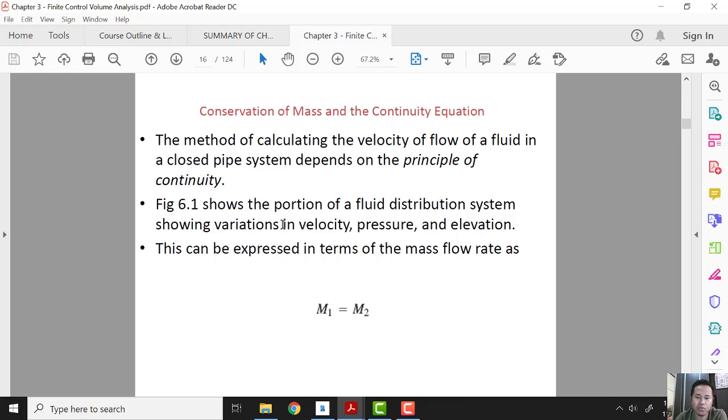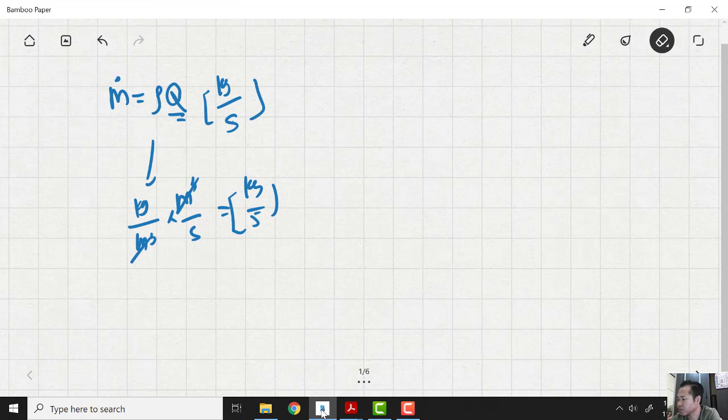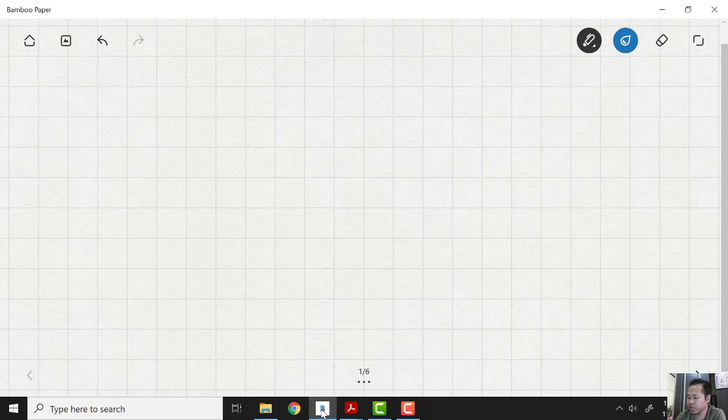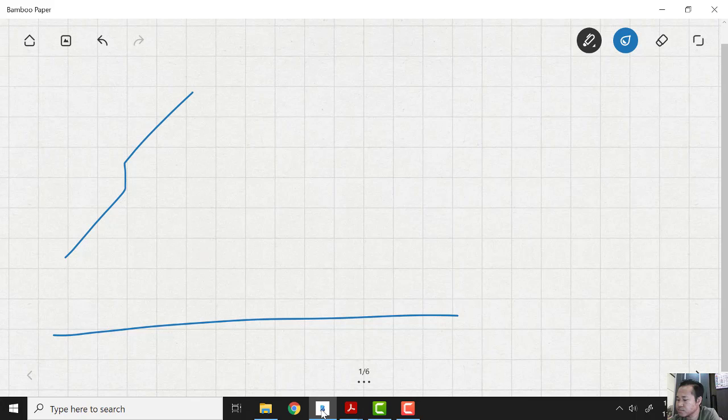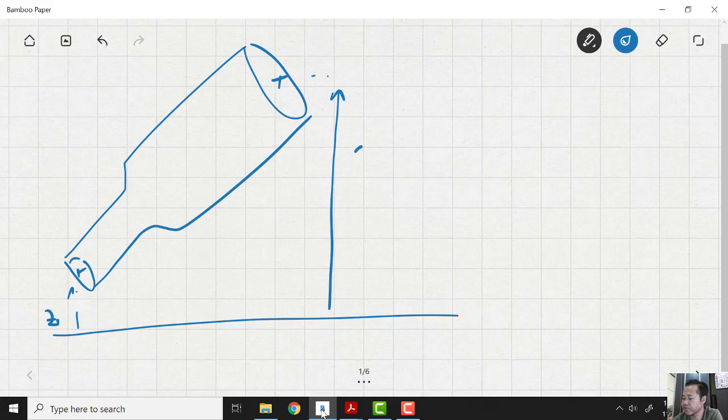So what is figure 6.1? Let's draw it. Here we have a surface, and then we have a pipe here. We have another pipe with a different cross section. From here to here is Z1, the elevation 1. Here to here is Z2, elevation 2.